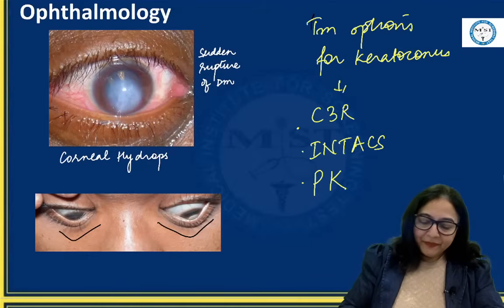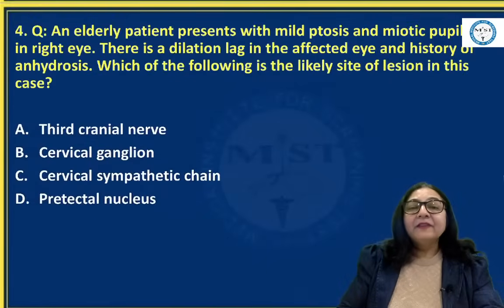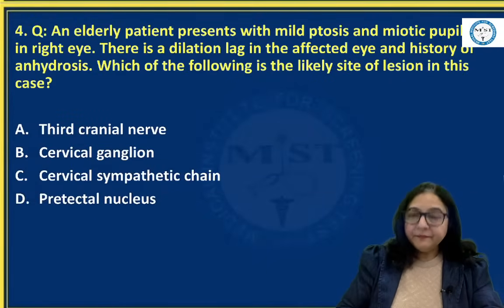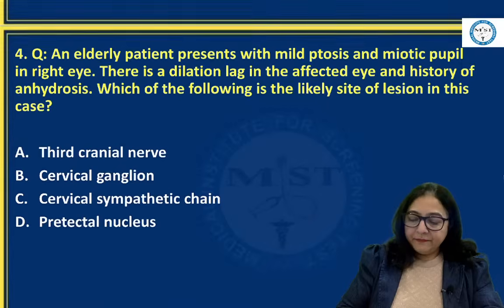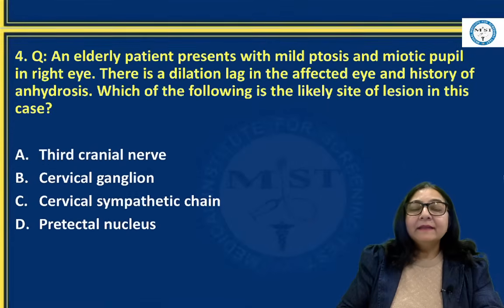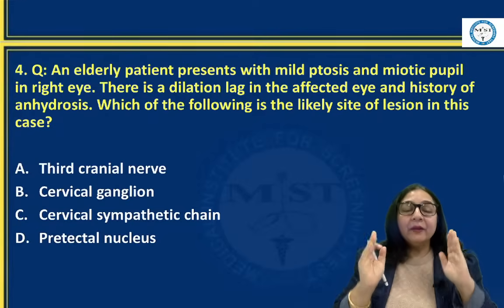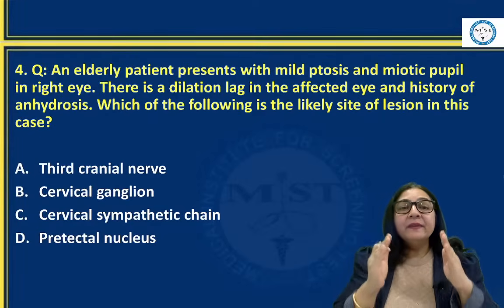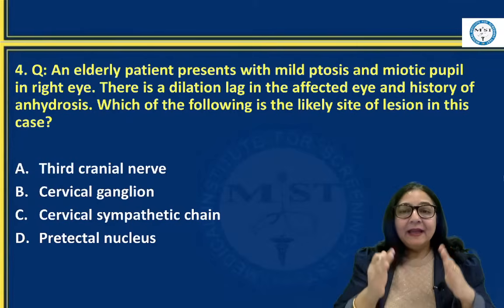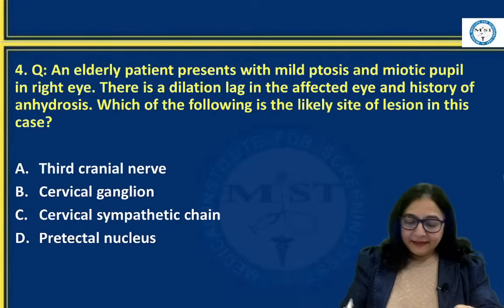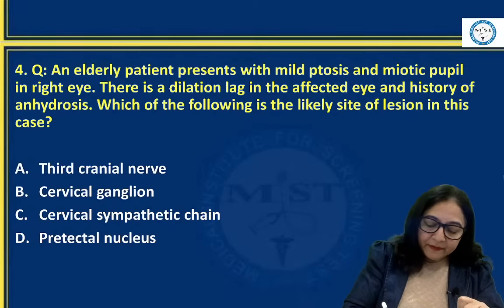Great. Okay. Let's move on to the next question. So what is the clinical case scenario over here? Another clinical case scenario. An elderly patient presents with mild ptosis and miotic pupil in the right eye. So the patient's age group is elderly.